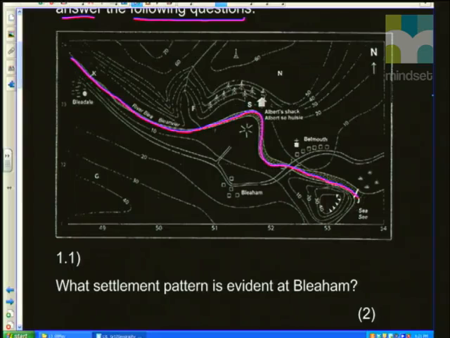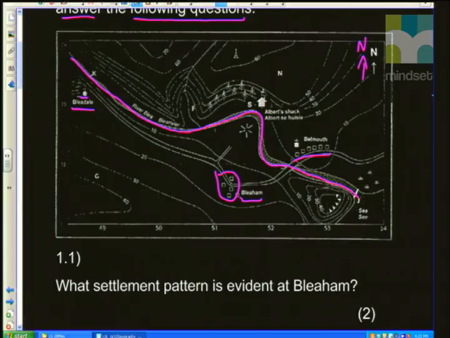We'll notice that there's a settlement called Bleum, and you'll notice there's a couple of buildings which seem to be grouped together. You'll notice that there's an isolated sort of farmstead in the form of Bleedale, and also that there's a linear settlement here at Balmouth. Have a look as well at the direction in which the particular map is facing.